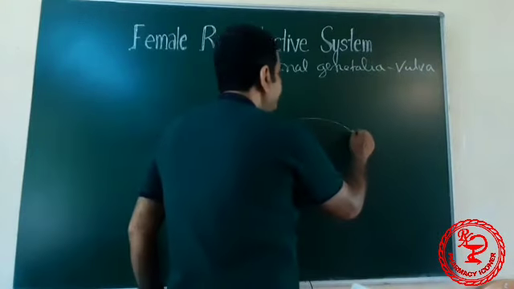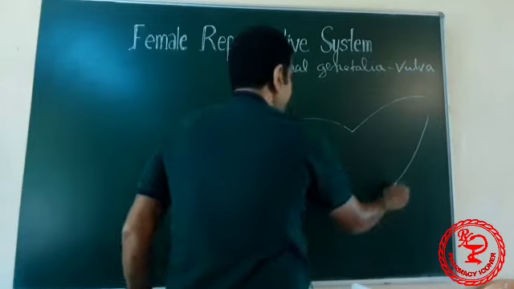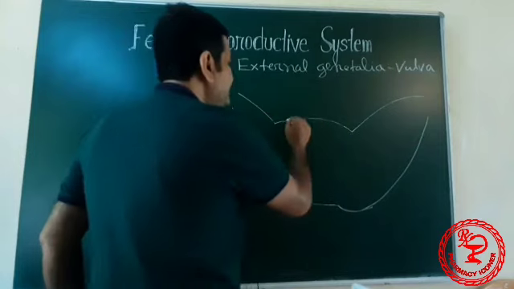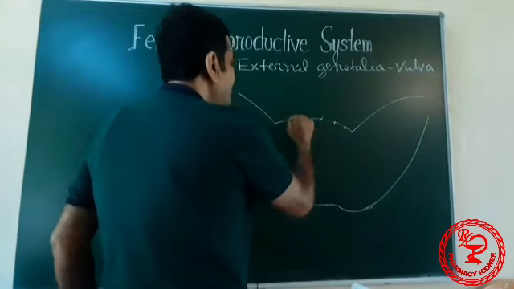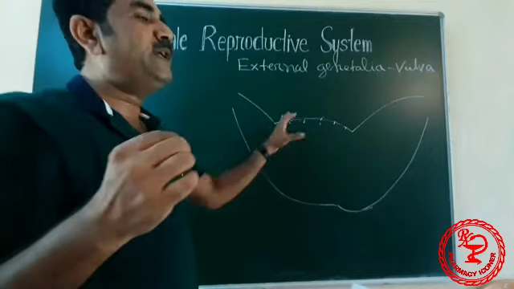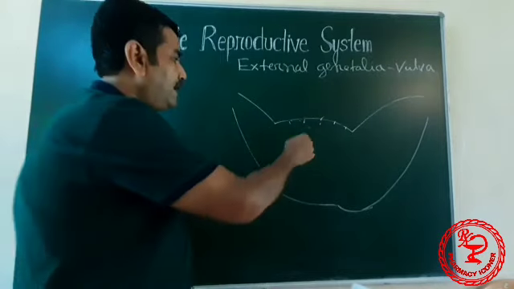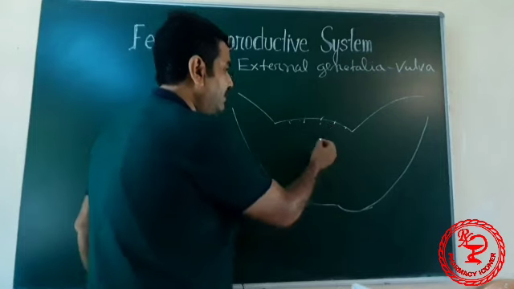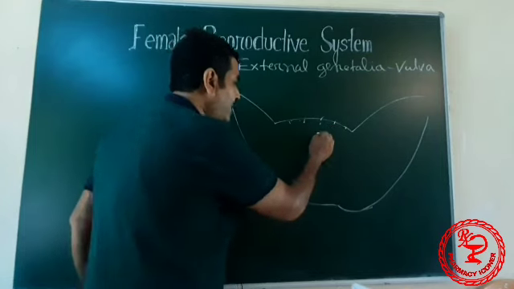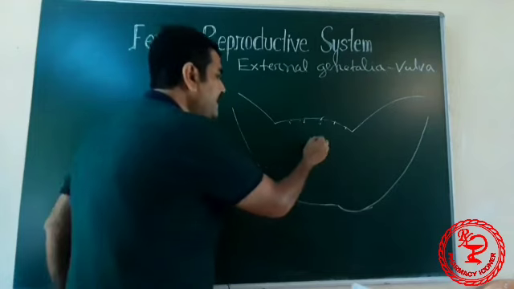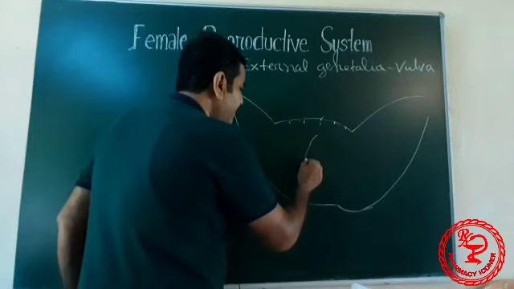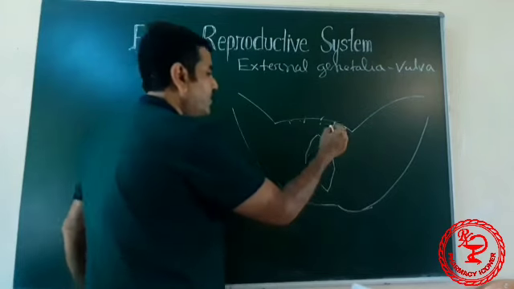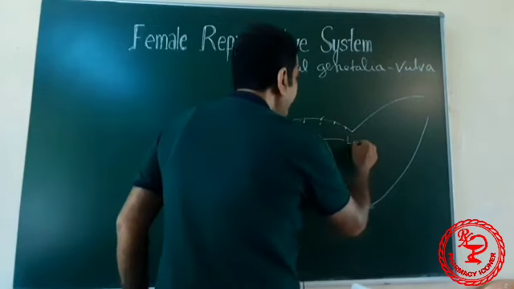So this region is mons pubis. At puberty, pubic hair comes out, and at the lower portion there is the vulva. Vulva consists of what? A folded piece of skin that is called labia majora.